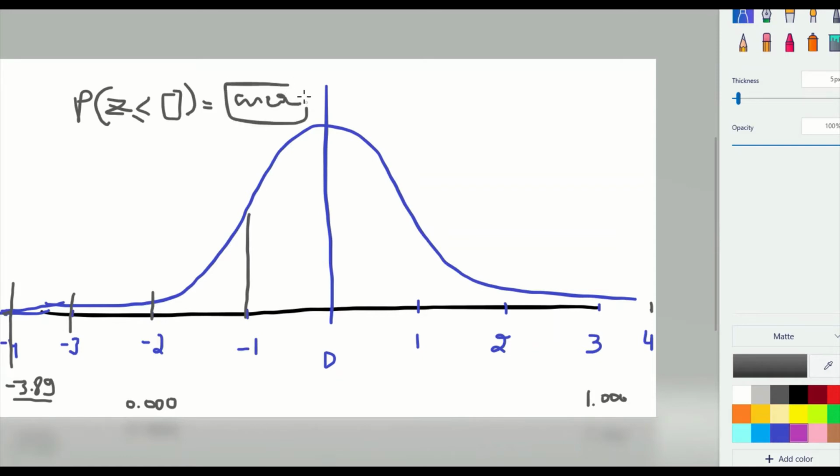And this value right here changes. It started with the smallest being -3.89, and then they push it up till it reaches the highest, which is +3.89.